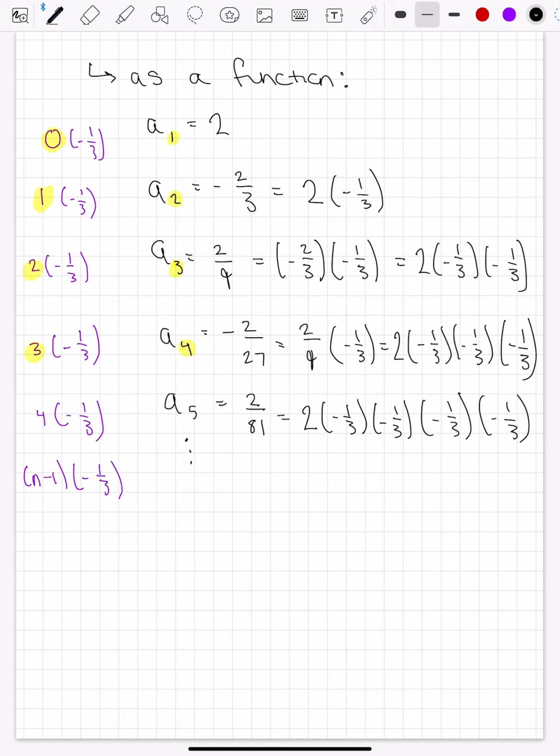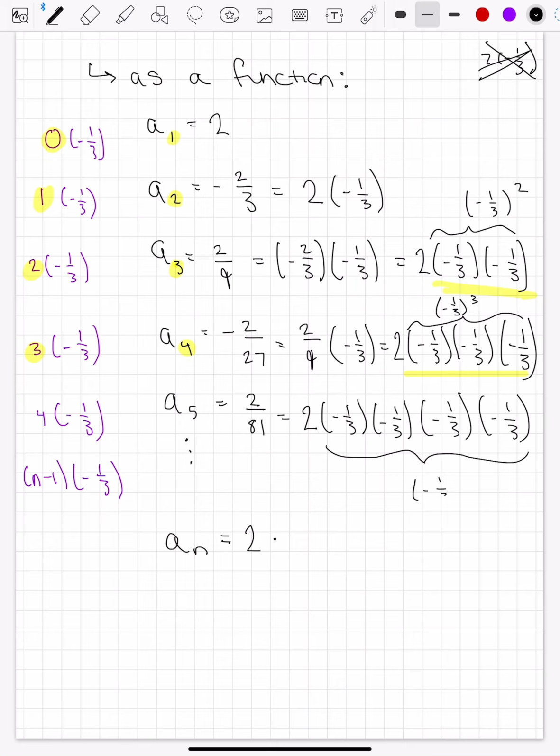So that's how we're going to write our function. We'll say that a_n is going to be 2 times, well, we're not multiplying n minus 1 times negative 1/3. That's how many negative 1/3s we have. So notice that this is negative 1/3 squared, which is different from 2 times negative 1/3. That's not what we're doing. And then this is negative 1/3 cubed, and this here is negative 1/3 to the 4th.